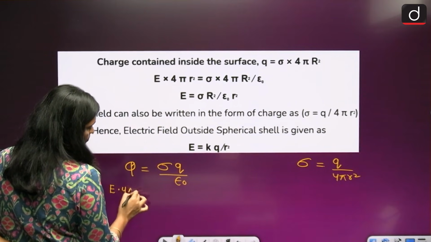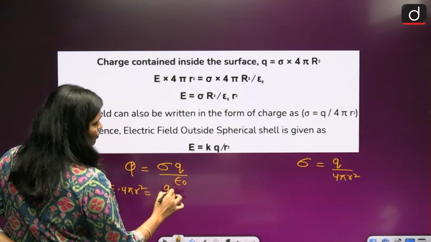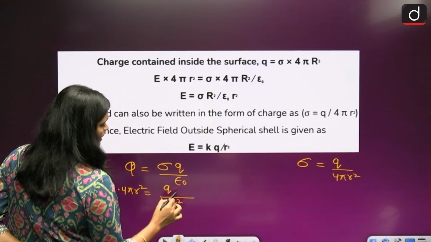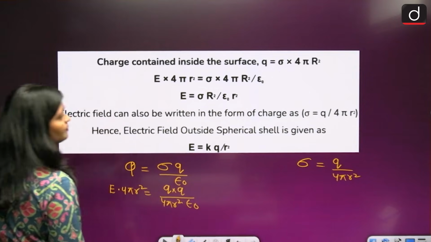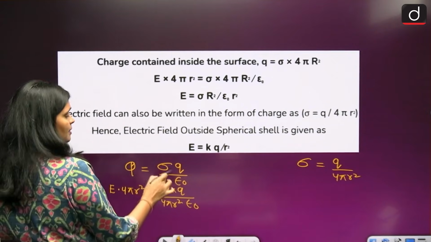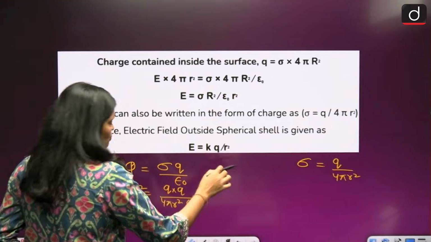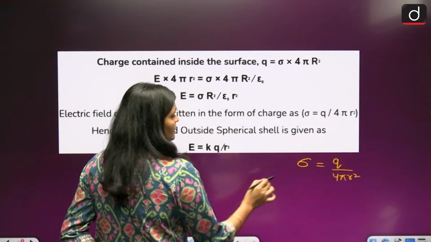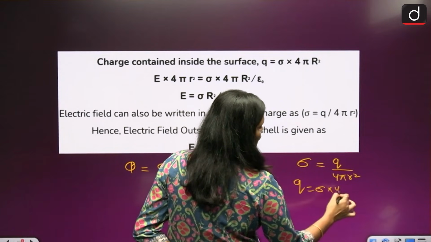Now here, what you can write? E into 4 pi r square equals, in place of Q, write sigma into 4 pi r square, divided by epsilon naught.